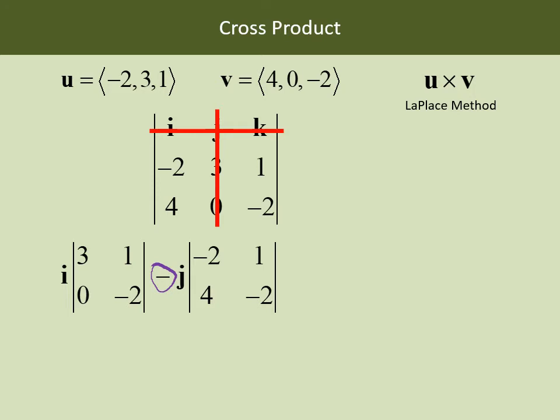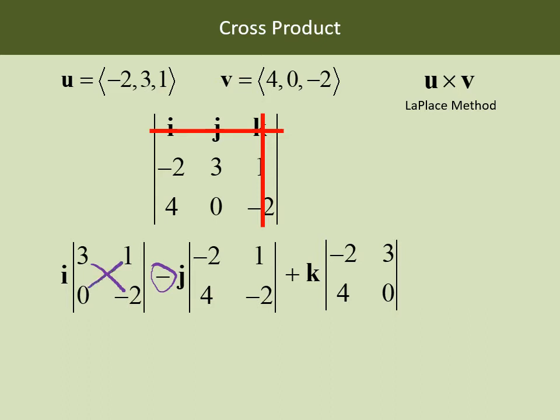And then the last one, the k, cross out its row and column, and write down the 2 by 2 determinant.